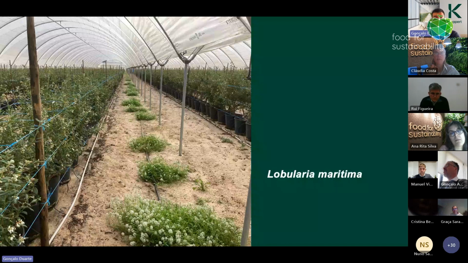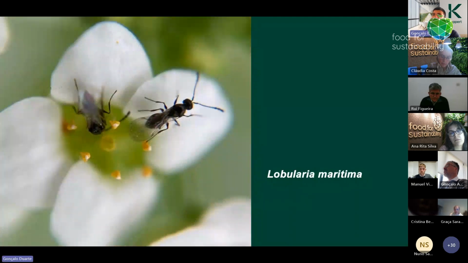It produces a lot of nectar and pollen. It's very attractive, and we have many proofs that this will increase biodiversity in a positive way for production. You can see a very small detail of the flower, and tiny parasitoids go in there to feed on nectar, and then they fly around to parasitize pests.